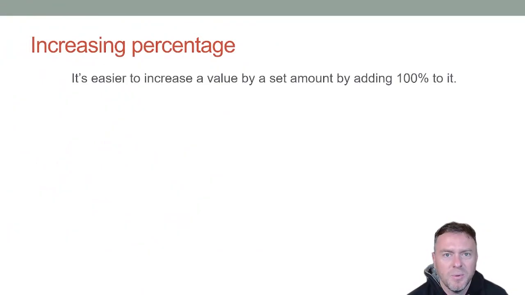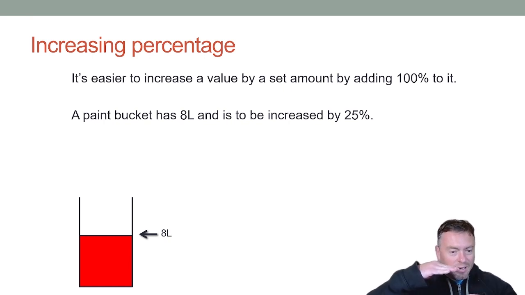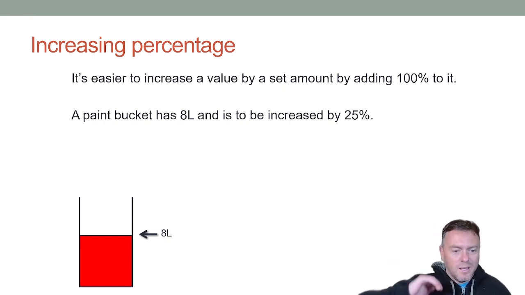Cool. So to jump into this part here, when we increase a percent, it's easy to increase a percent by adding 100% to it. Now, what I mean by that is if you had a paint bucket and we wanted to increase this paint bucket, which has got 8 liters of paint inside of it, by 25%, it's going to get more paint inside of it, isn't it?